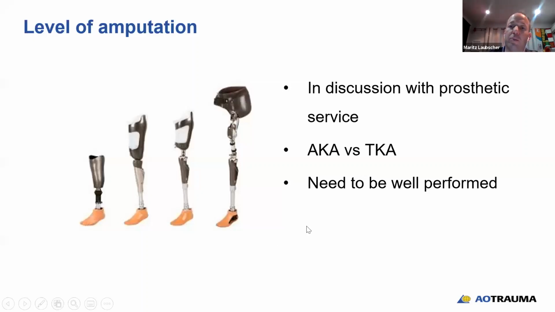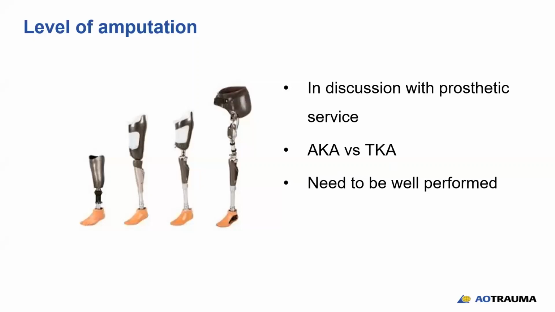And then lastly, very important, an amputation needs to be well performed. Unfortunately, it often is a procedure that's done in an emergent situation, sometimes by junior staff, and with suboptimal attention to detail.